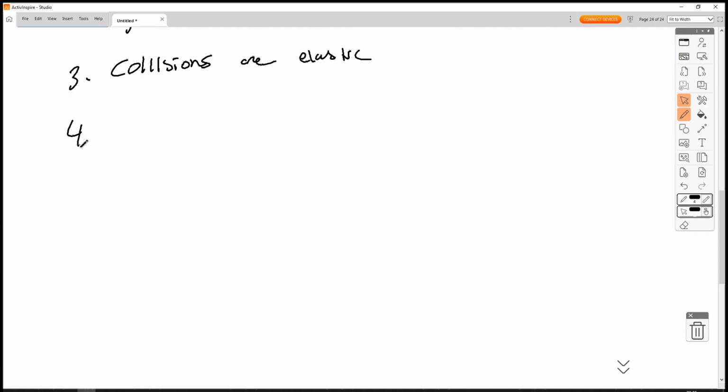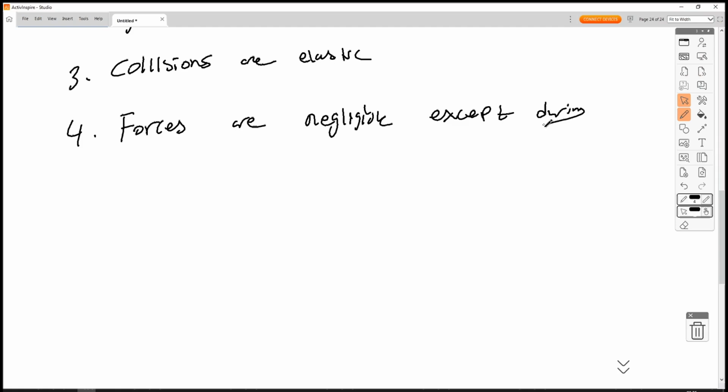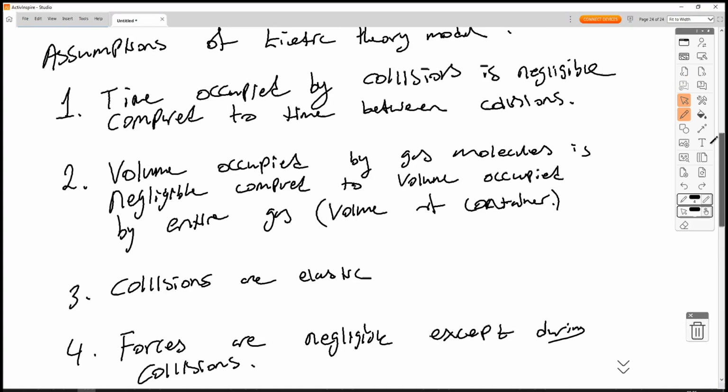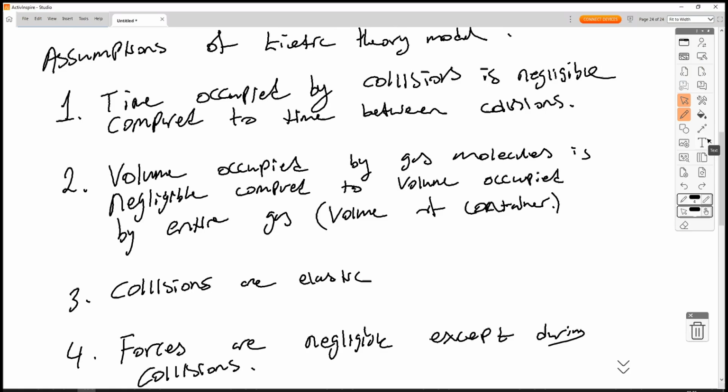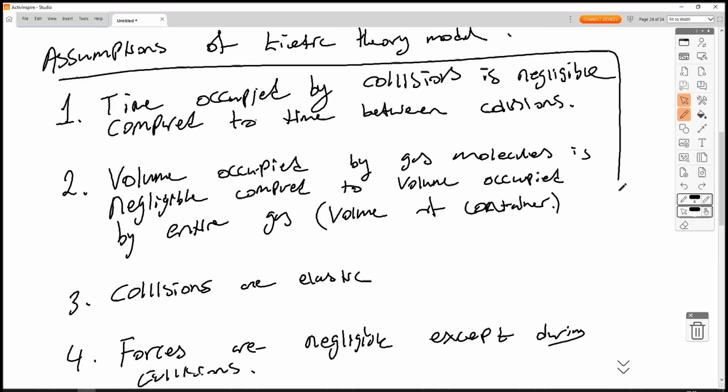Number 4, forces are negligible except during collisions. Now, we'll put a box around all of these statements because these are things you need to learn.